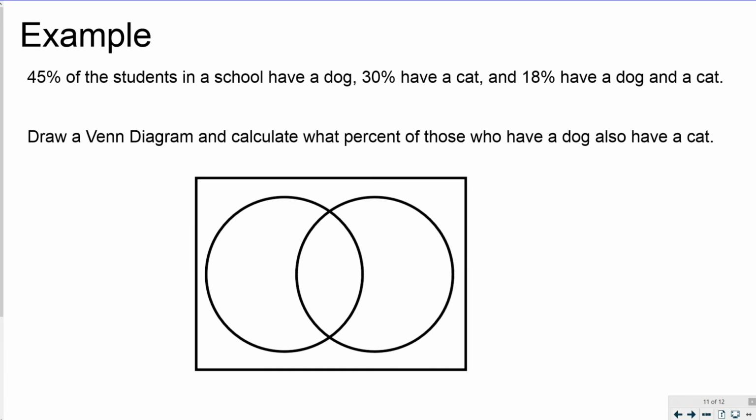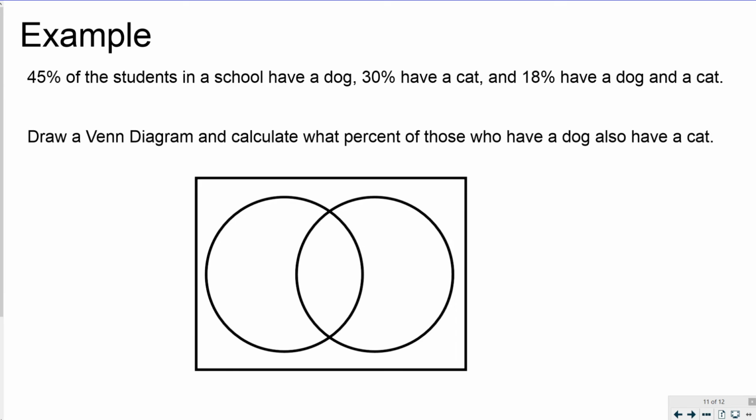All right, and then we're going to do a Venn diagram that has percentages instead of numbers. 45% of the students in a school have a dog, and 30% have a cat. 18% have a dog and a cat. So draw a Venn diagram and calculate what percent of those who have a dog also have a cat. So we're looking for students who have a dog, and then they also have a cat.